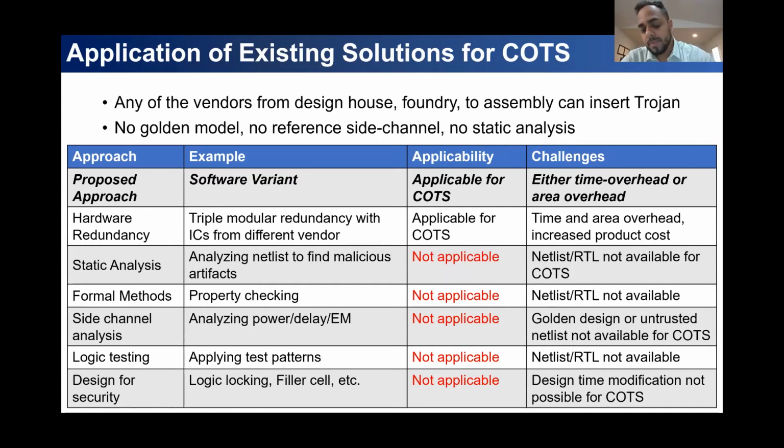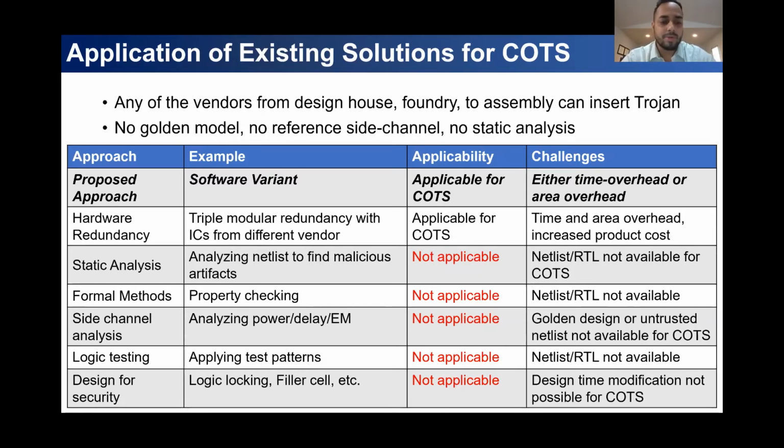At runtime, we compare their outputs all the time to check whether there is an activation of a hardware Trojan or not. So this is more like a runtime Trojan detection technique, right? We need to buy multiple versions of the same chip from different vendors. Now the problem with this technique is, first of all, you are only fighting against Trojans that impact your functionality.